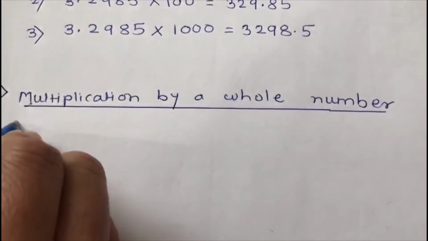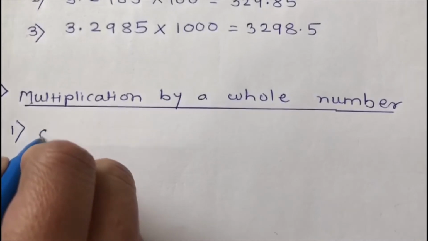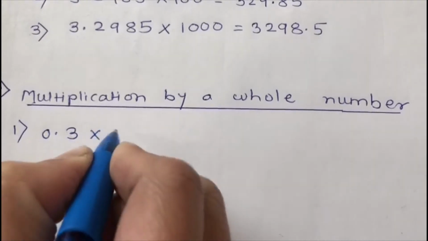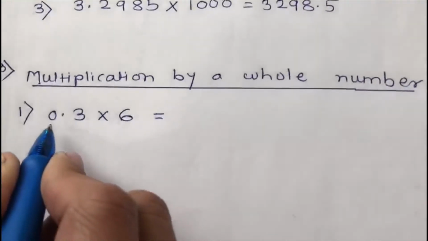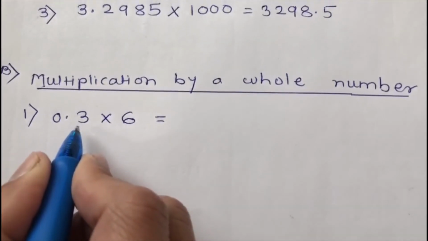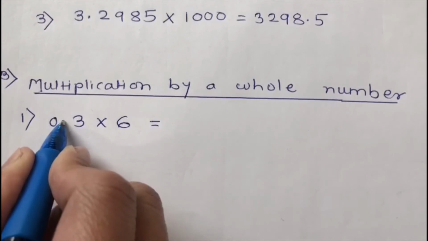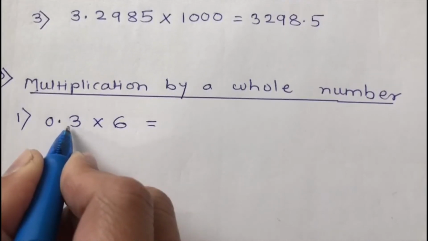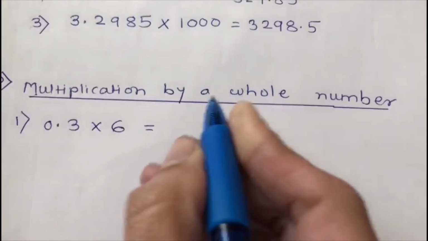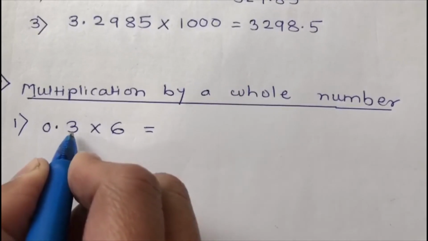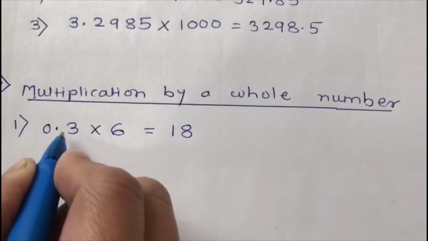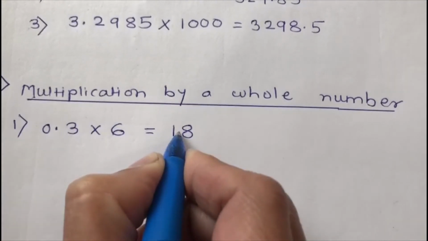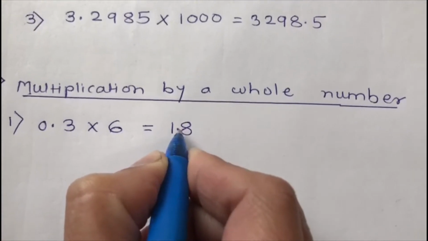First example, 0.3 times 6. Now here in 0.3, the decimal point is given after one digit from the right side. So when we multiply 3 and 6, it gives 18, and we give the decimal point after one digit from the right.